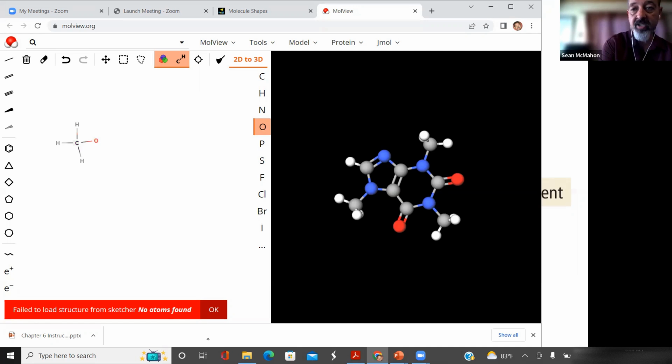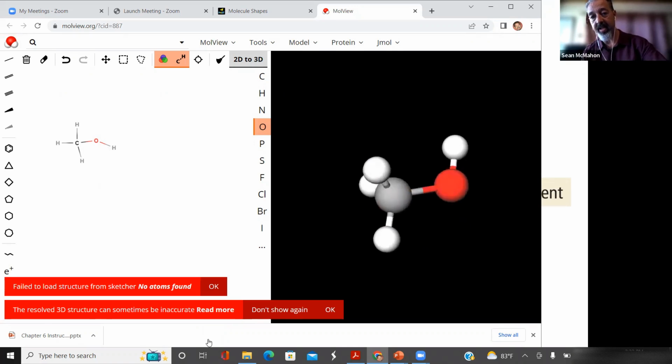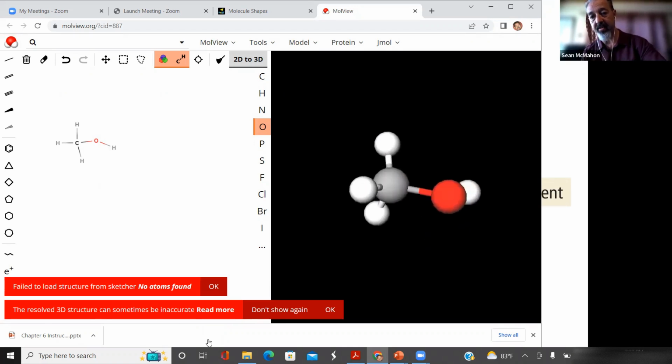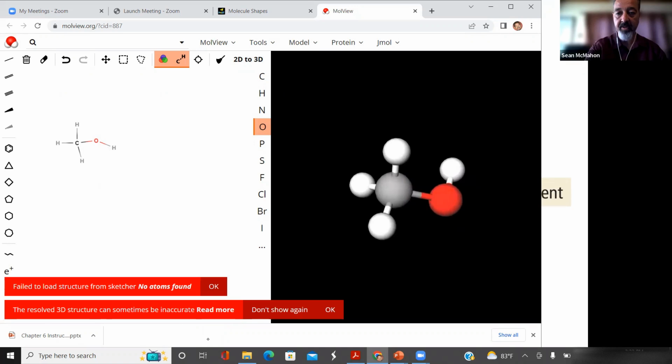And then the oxygen had an exterior hydrogen attached to it. Now, when I render this from 2D to 3D, what I can see is the tetrahedral arrangement in this carbon right here, and I have that bent shape.